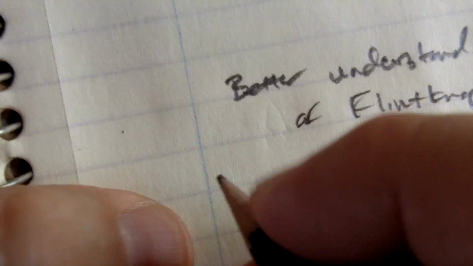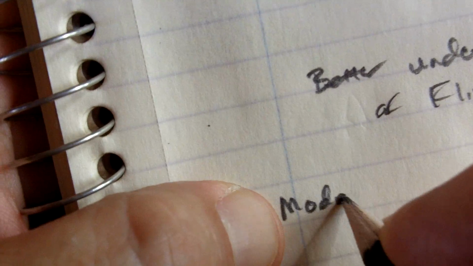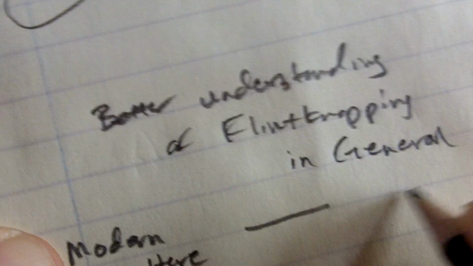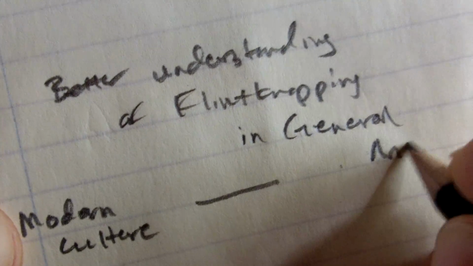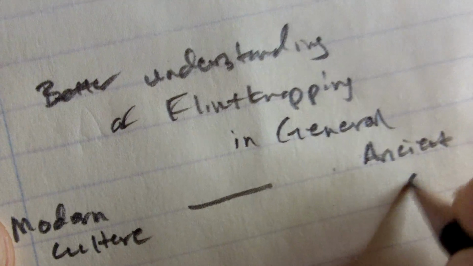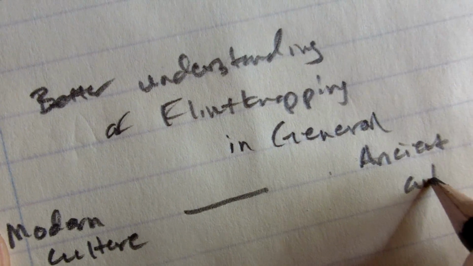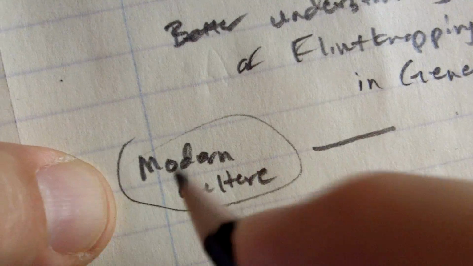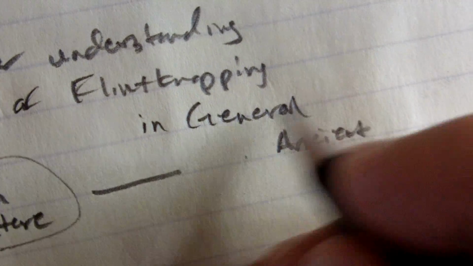All right, because there are cultural influences, there are modern cultural influences that have parallels in ancient cultures. Okay, and it's important to understand these first before we go on to trying to understand the ancient cultures.